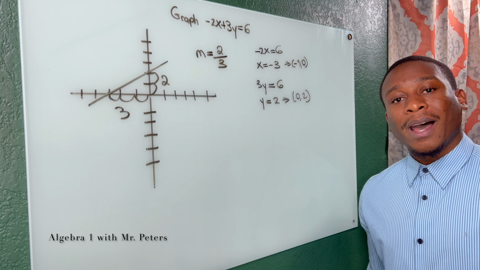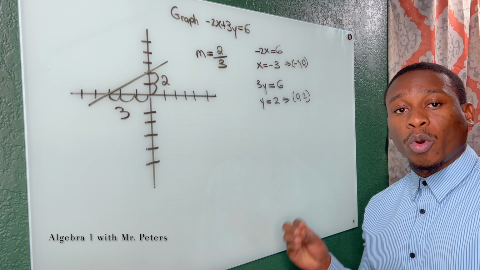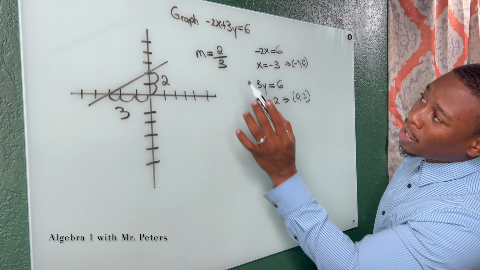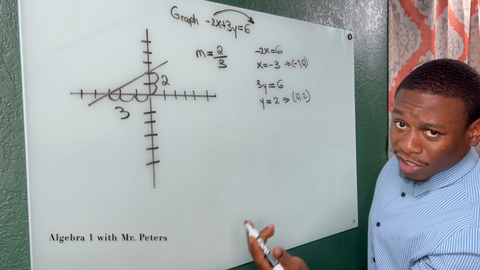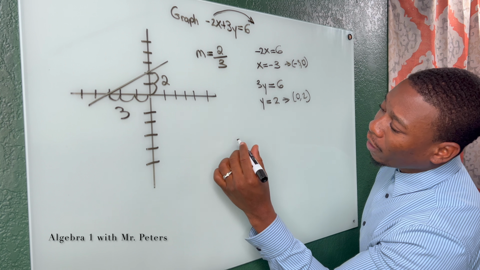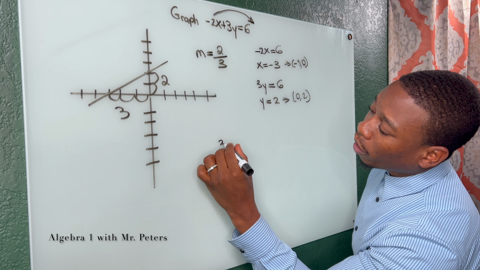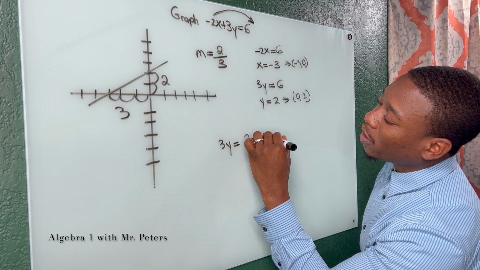Now, let's say we chose the other method of graphing, which was switching from standard form to slope-intercept form. Anytime you go to slope-intercept form, we're trying to get y by itself. So the first thing you want to do is move x to the other side. If x is positive, you subtract. If it's negative, you add. So after adding 2x, we're going to have 3y is equal to 2x plus 6.